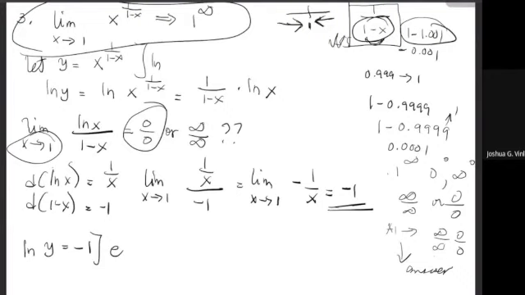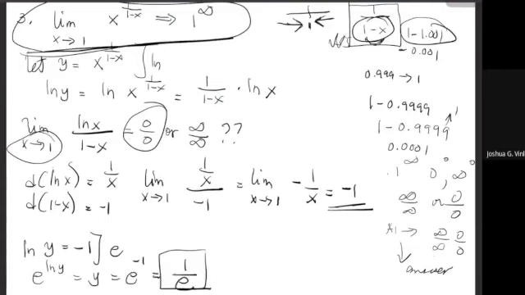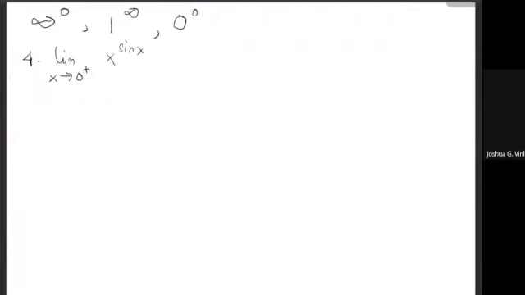So we now have e to the ln of y is equal to y, and you have e to the limit. This one is equal to 1 over e. So not all will have an answer of 0, 1, or infinity. You could have answers like the first.